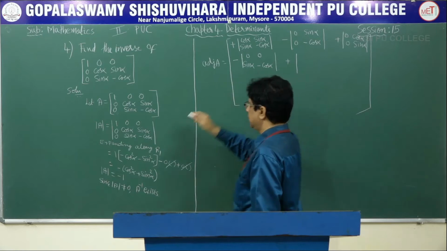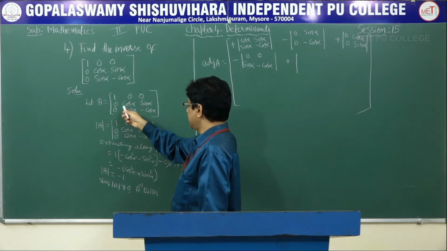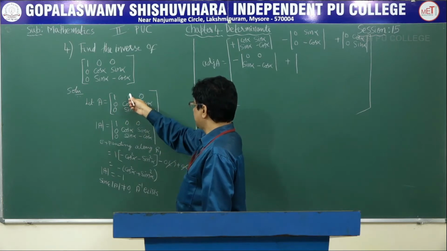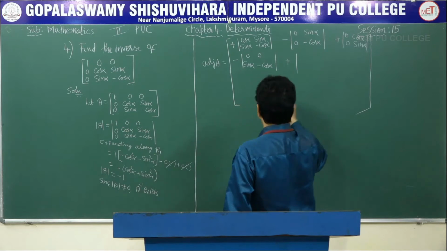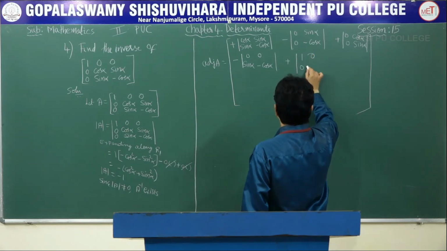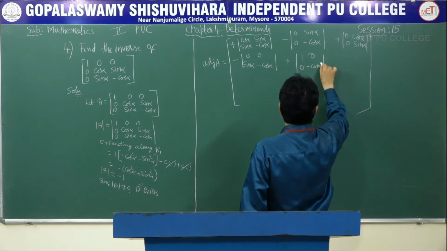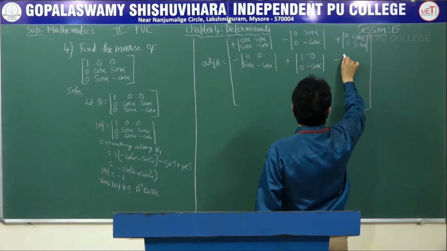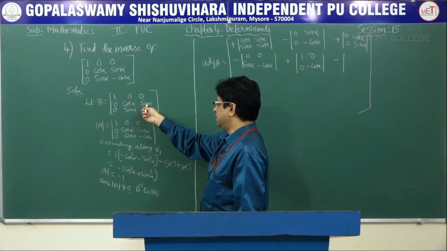Next we shall find the cofactor of cos alpha: plus. So cos alpha lies in the second row and second column. We eliminate the second row and second column and take the determinant of the remaining elements. Determinant of 1, 0, 0, minus cos alpha. Next we shall find the cofactor of sin alpha: minus.